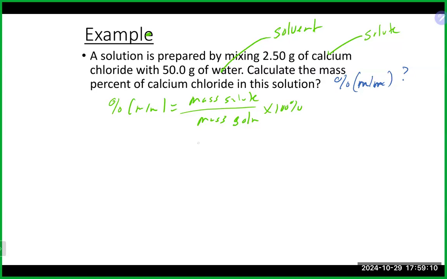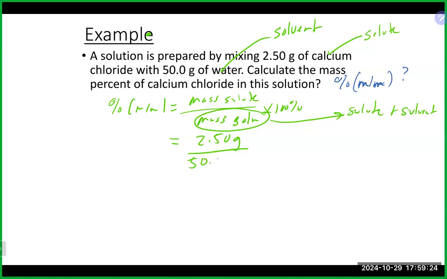So we would put in there our 2.5 grams. Remember that the mass of the solution is both the solute plus the solvent. So here we do need to add. That would give us 50 grams plus 2.5 grams on the bottom, not just 50, because 50 would be just the solvent.